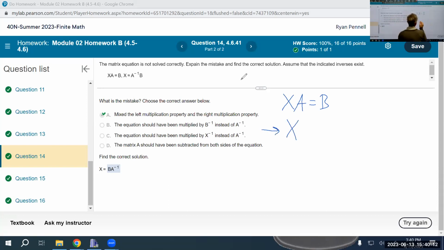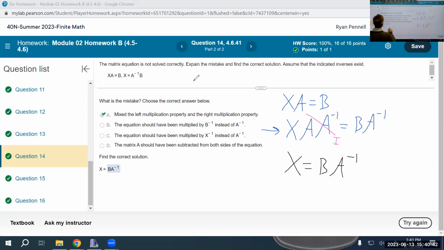Order matters. So I would have to go XA times A inverse equals B times A inverse. So what I'm doing is I'm multiplying it in the same order. I'm trying to get rid of A, so it has to be the same order. So this reduces to the identity matrix. And I get X equals B A inverse. So I agree, this is not correct.